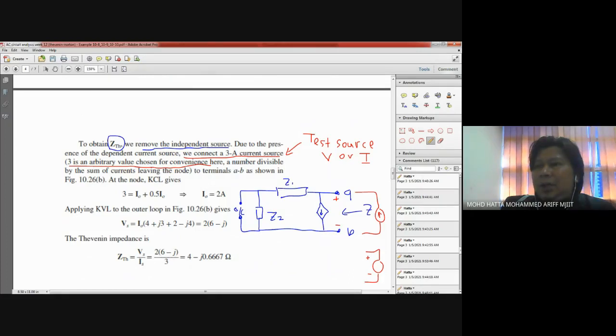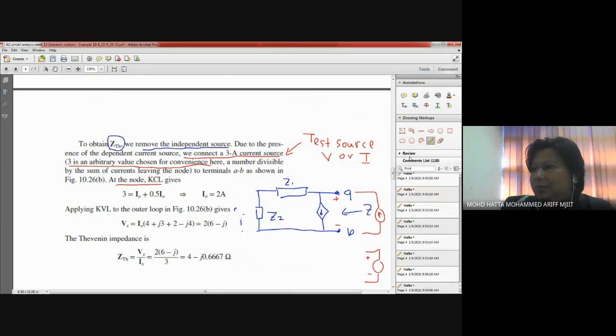So here, sum of current leaving the node. Okay, here we try to apply KCL. Since this can be neglected, because this is open circuit, the node that we are considering is the node located over here.